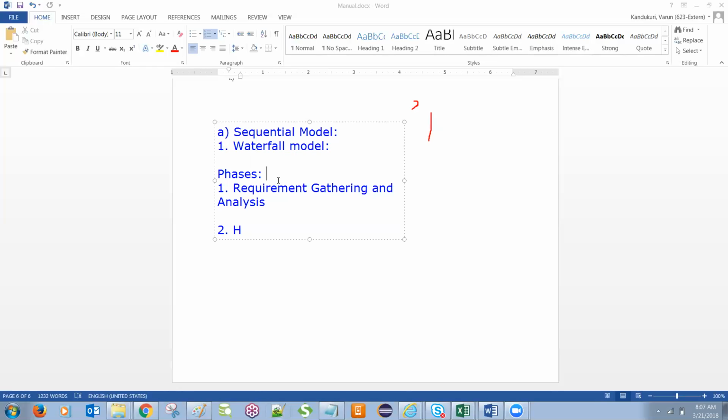Okay, the waterfall model contains many phases. The first phase is requirement gathering and analysis. The second phase is high level design, and the third phase is low level design. I'm writing in short form. The fourth phase is testing, and the fifth phase is maintenance and release.